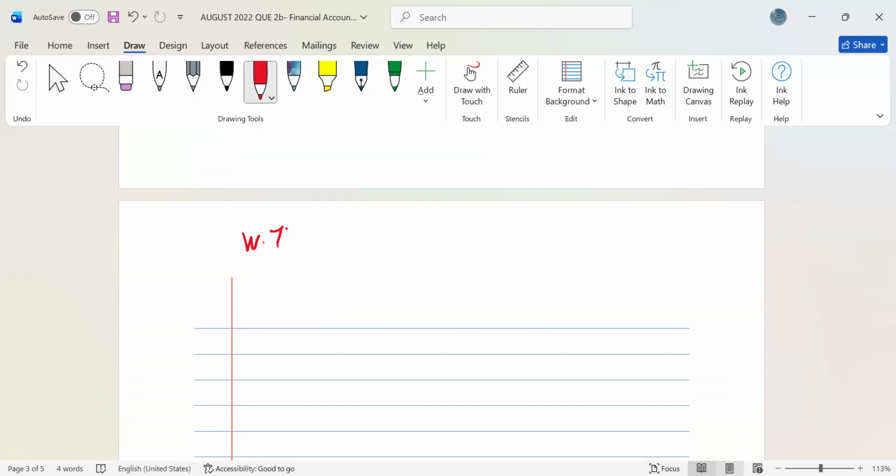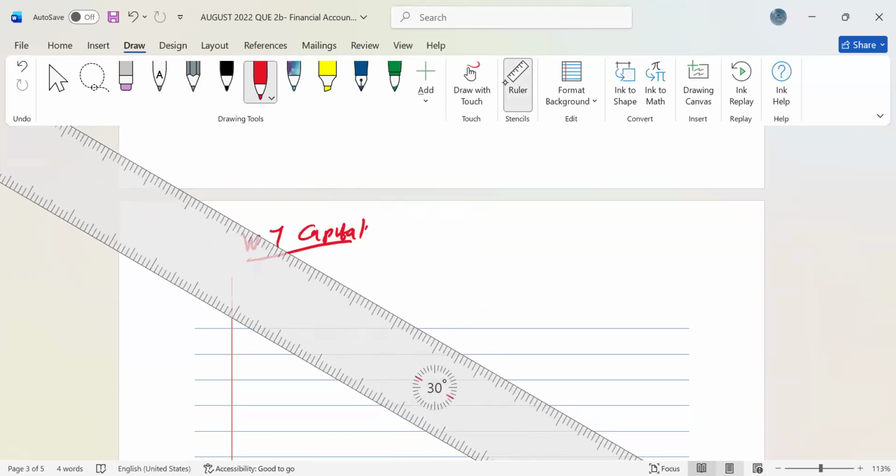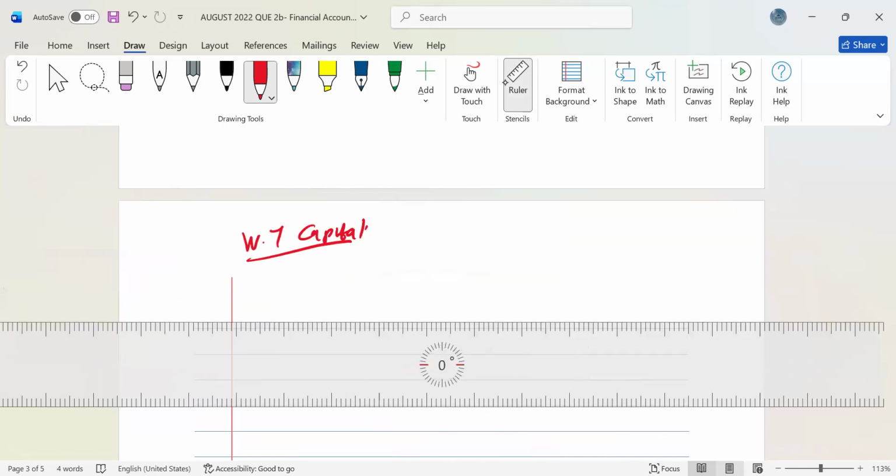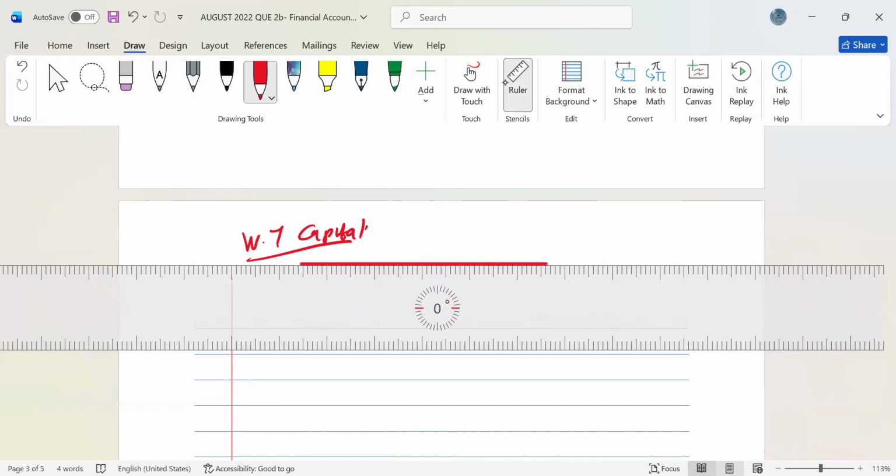Have we done the working for capital? We are yet to do that. Let's have the capital account here.